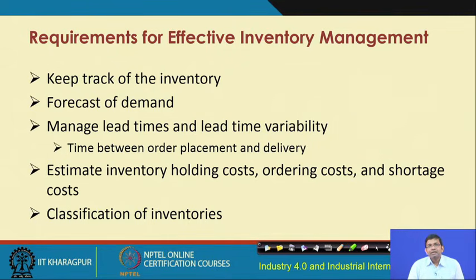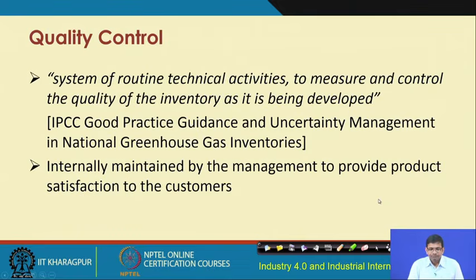So, basically managing that particular latency, that particular delay and the variability of that delay is what concerns the lead time. So, effective inventory management should have effective lead time management, estimating the inventory holding costs, ordering costs, shortage costs, etc., and classification of inventories. These are the requirements for effective inventory management.